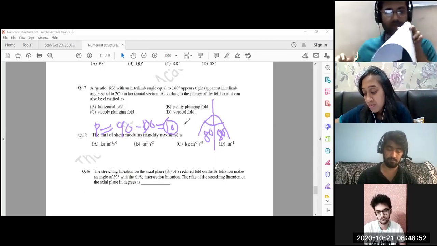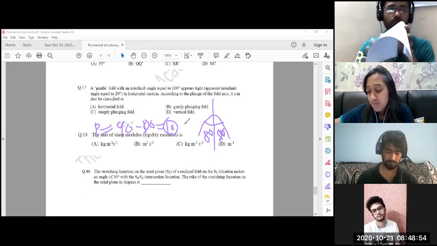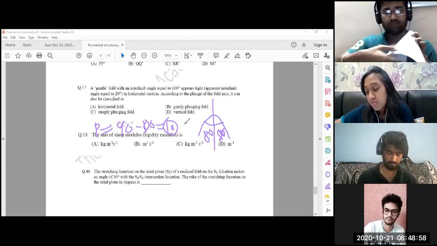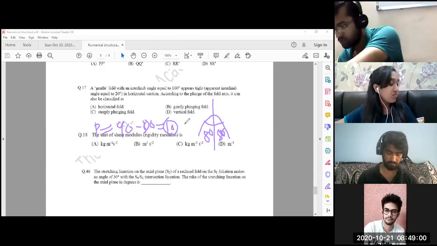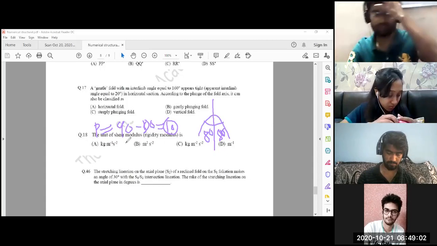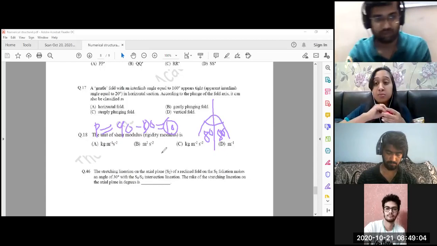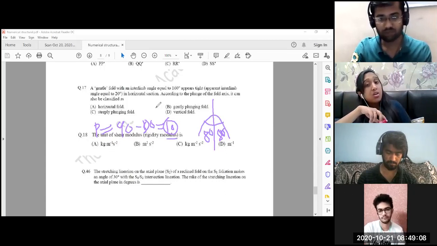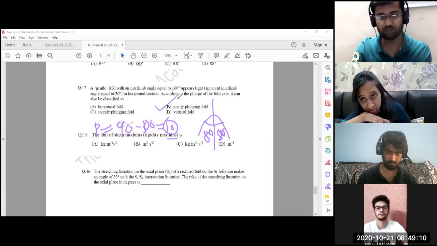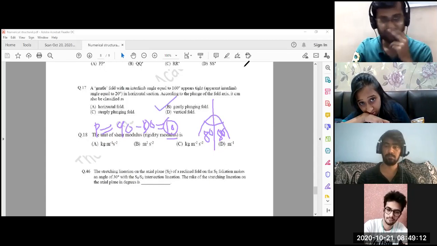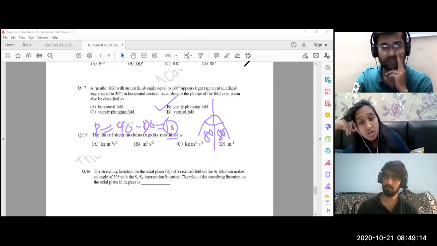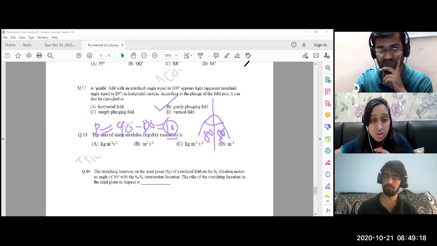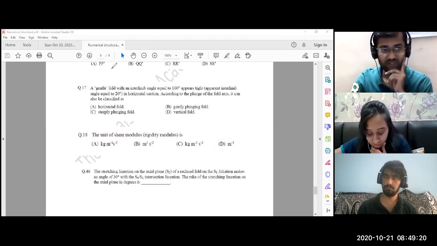Now this is the application of numerical to objective. They will ask only that numerical type, not necessary. Objective can be created like this. So 10-degree plunge means gently plunging fold. Option B. Done. The answer is option B.